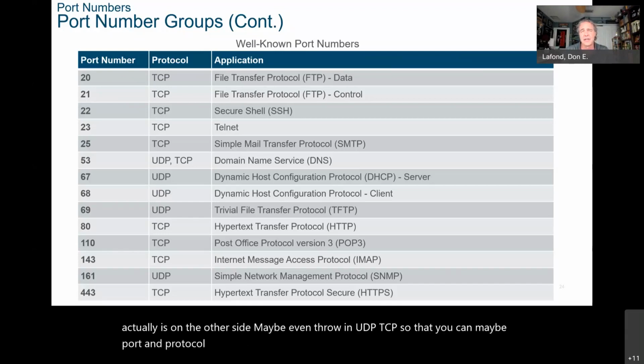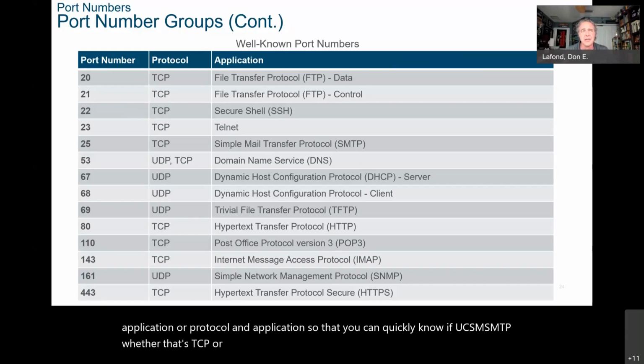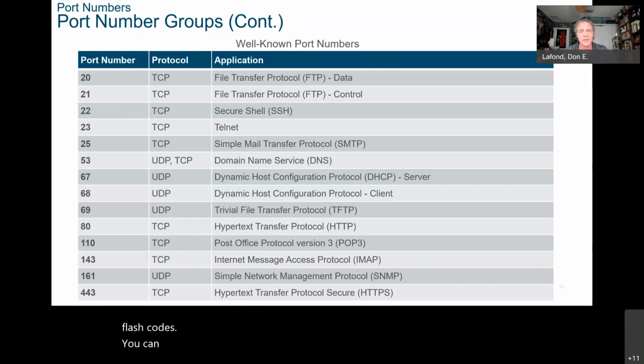Maybe that's one set of flashcards, port and protocol, and maybe another set, port and application, so that you can quickly know if you see SMTP whether that's TCP or UDP. By going through those flashcards, you can know telnet is 23.